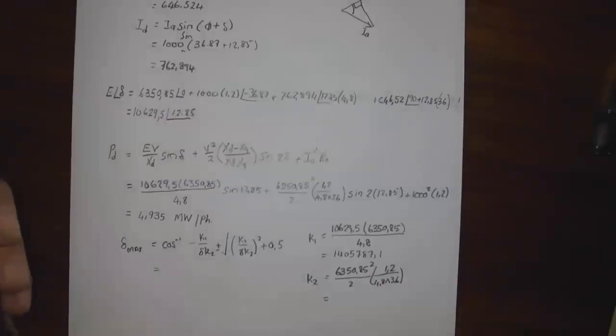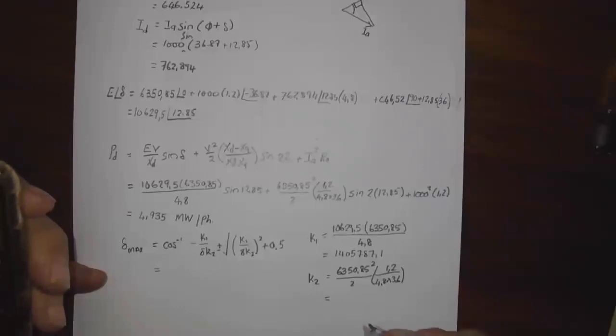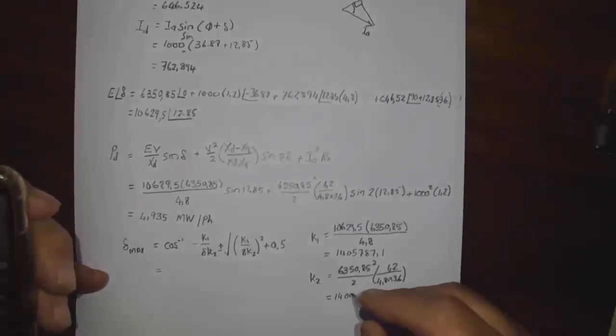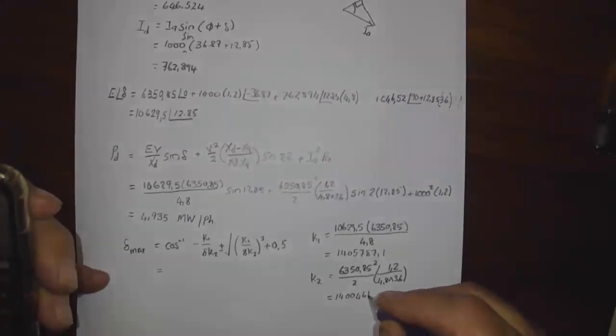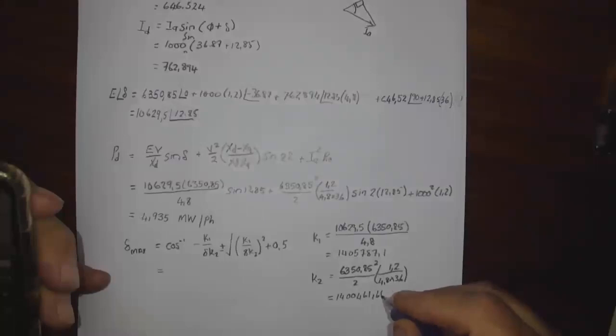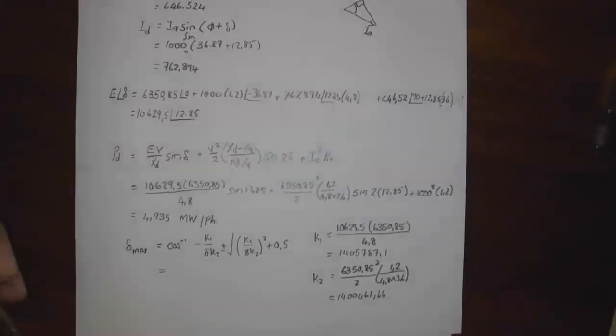Multiply by. This I get 14,004.61.66. Yeah, it's fine.